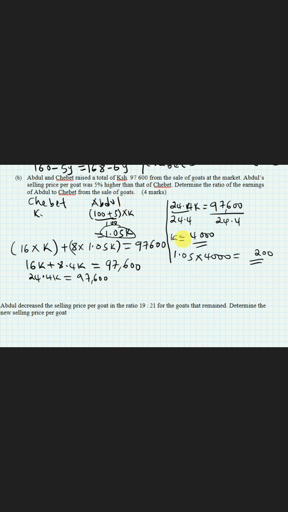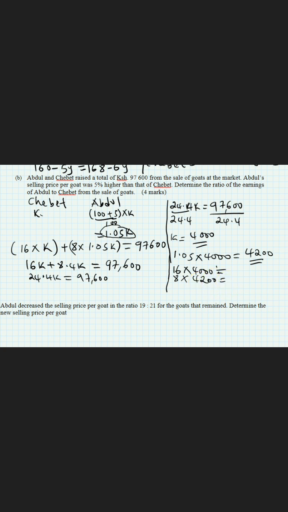So the question requires us to determine the ratio of the earnings of Abdul to Chebet from the sale of goats. We know the total number of goats sold by each person here. So for Chebet, the person sold 16 goats, each at 4,000. Then for Abdul, the person sold 8 goats, each at 4,200.